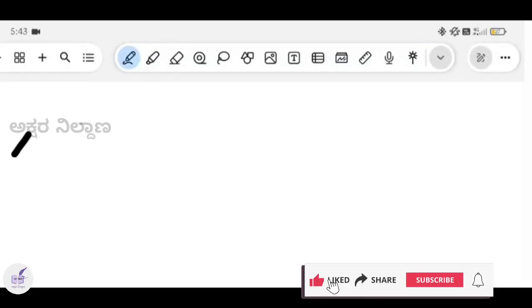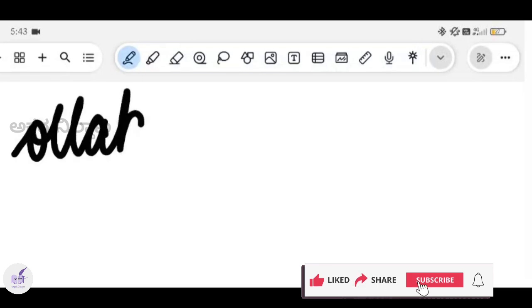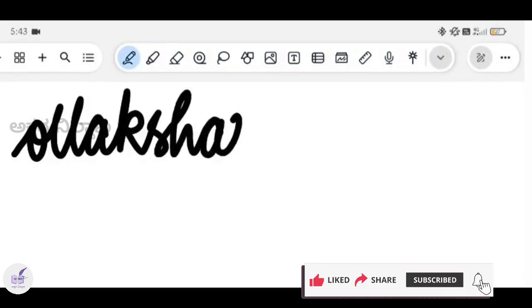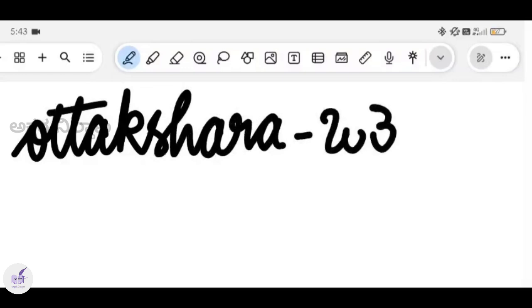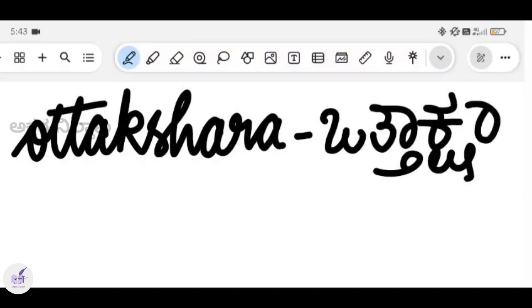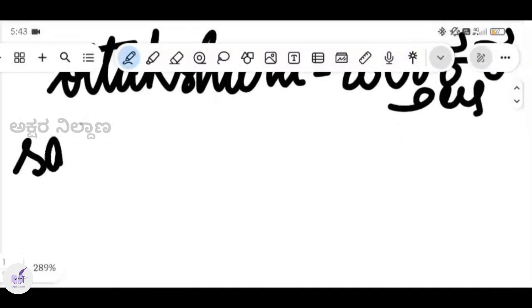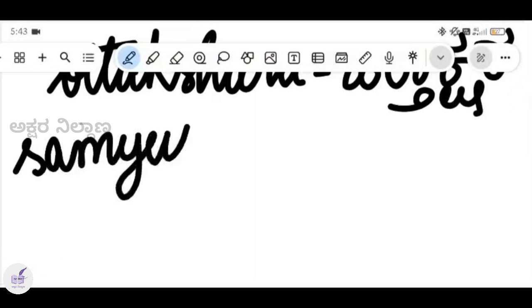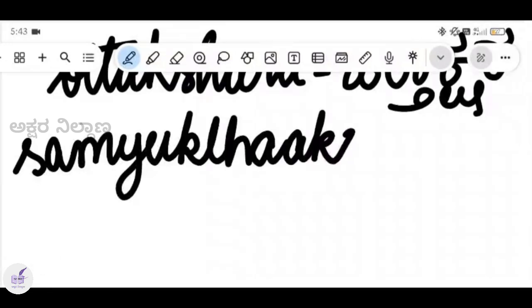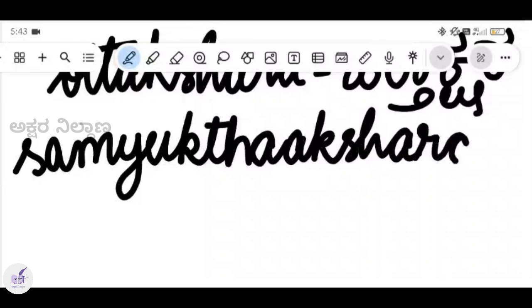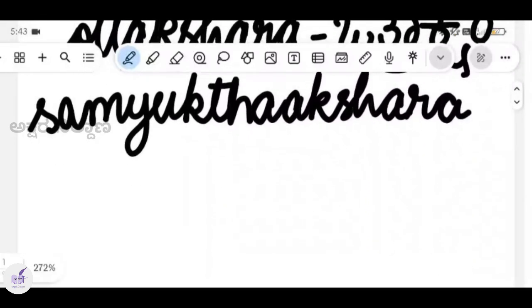Today in our class we are going to see the topic Ottakshara. The word Ottakshara is written like this in Kannada. Ottaksharas are also called Samyuktaksharas.